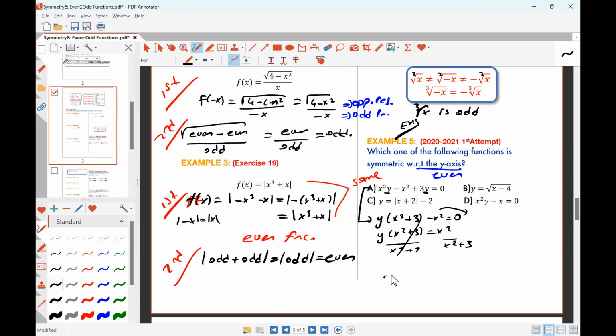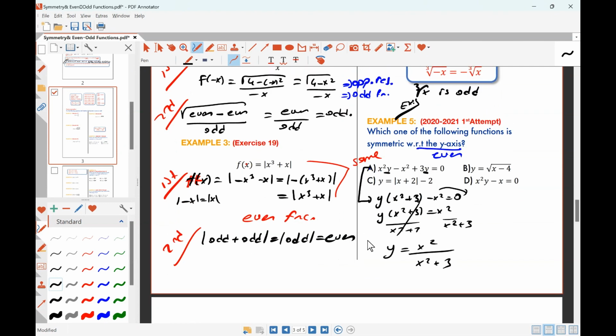So y becomes x squared over x squared plus 3. So that is the way of solving these kinds of questions. If x and y are together in the equation, you should isolate y. Get y by itself and decide what you have.